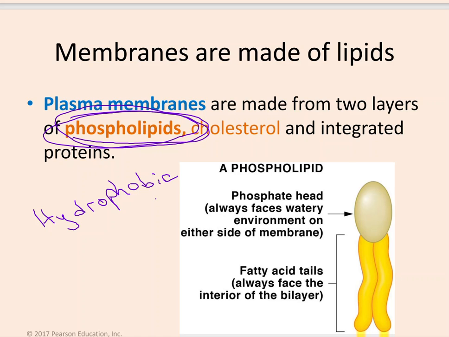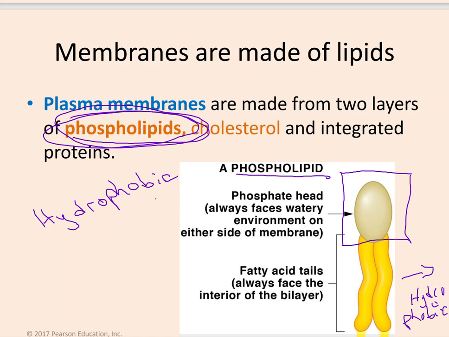The exception to this is your phospholipid. That's because your phospholipid is going to be composed of 2 parts, a head and a tail. The tail is, like any good lipid, hydrophobic. It does not mix with water.